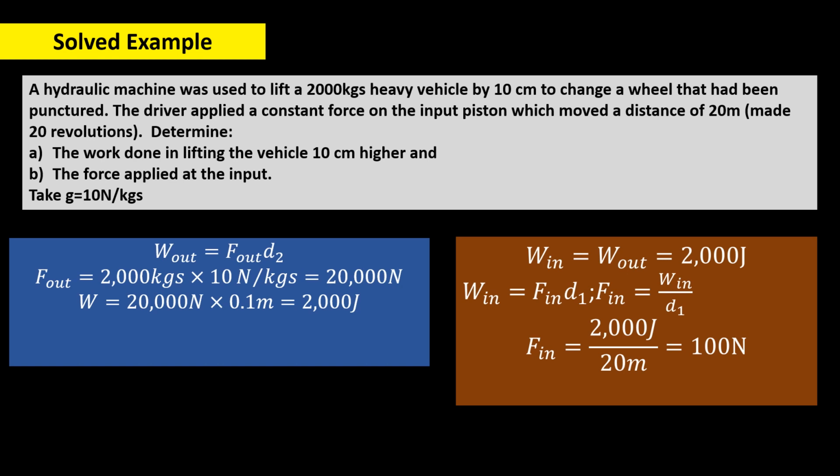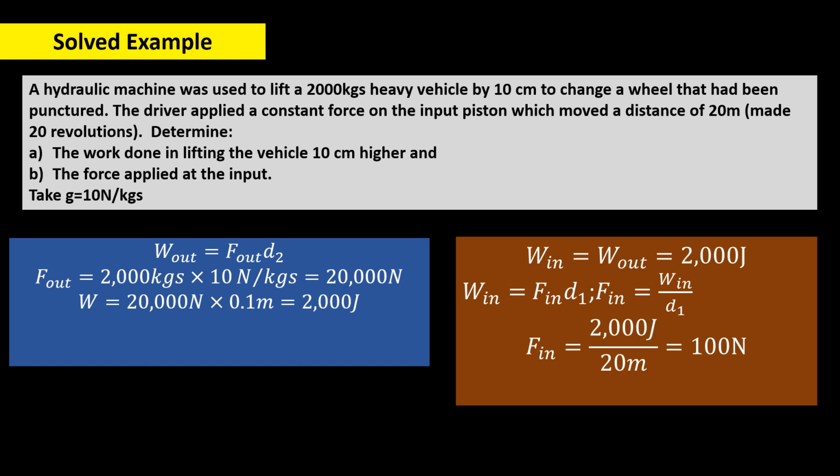Then the force applied at the input: remember we said that energy has to be conserved, and therefore work done at the input should be equal to the work done at the output, which we have calculated to be 2000 joules. Therefore work at the input is equal to force at the input multiplied by the distance moved by the input piston, which is D1.